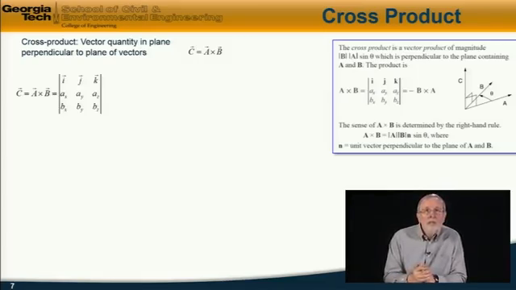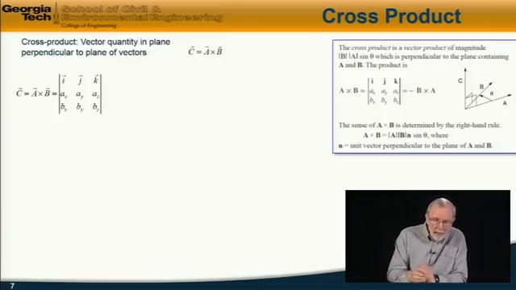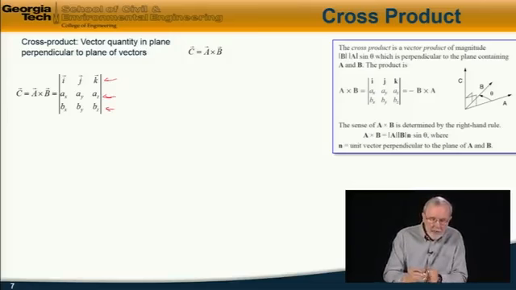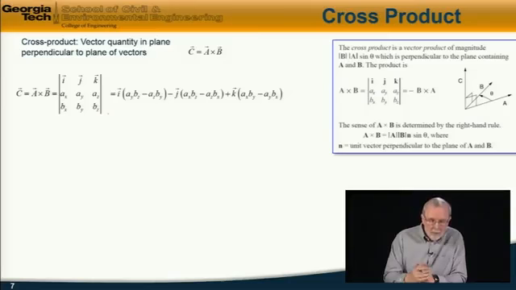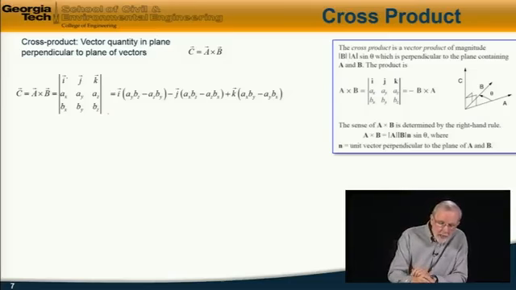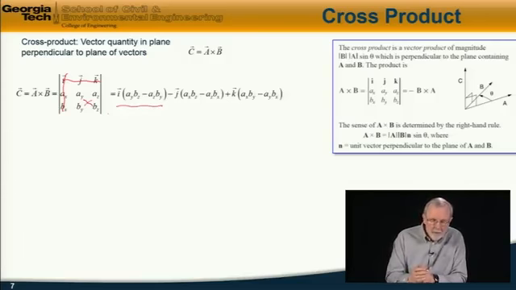Then the cross product is most easily formed by forming the determinant of i, j, k, the unit vectors, and then the components of the vector A, and then the components of the vector B, like this. And we can form the value of that determinant in the way that we previously did it. So the i component here, cross that out, it's i multiplied by ay bz minus az by is the first term.